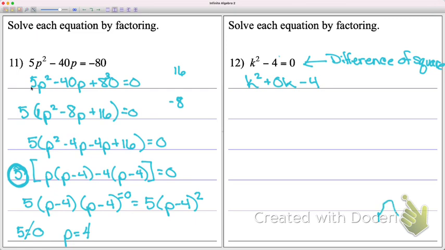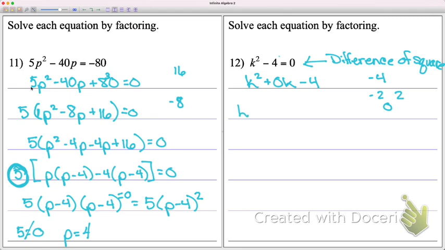Okay, so now I need the factors of 4 that have a difference of 0. The factors of 4 that have a difference of 0. Negative 2 and 2. Yes.